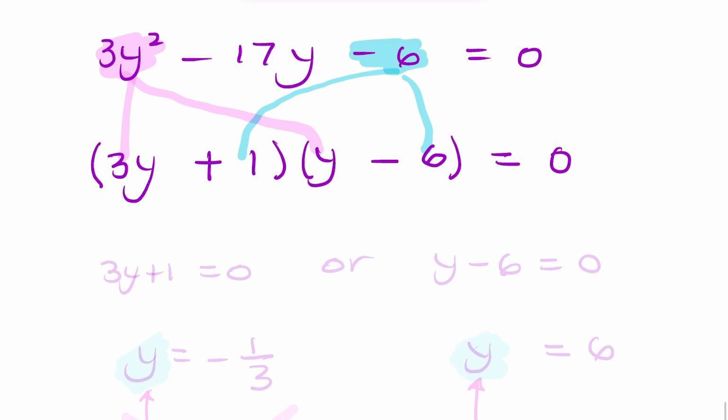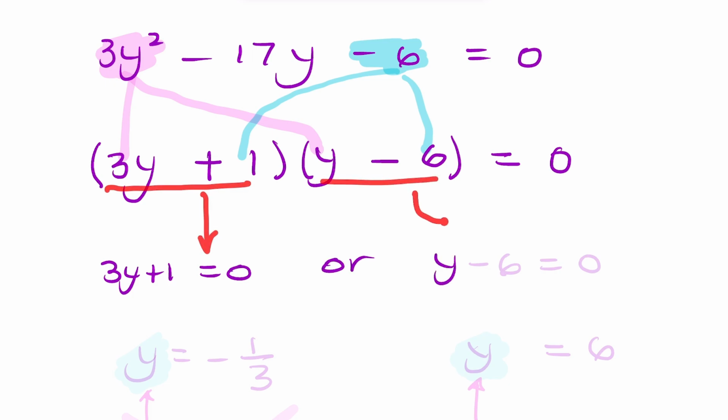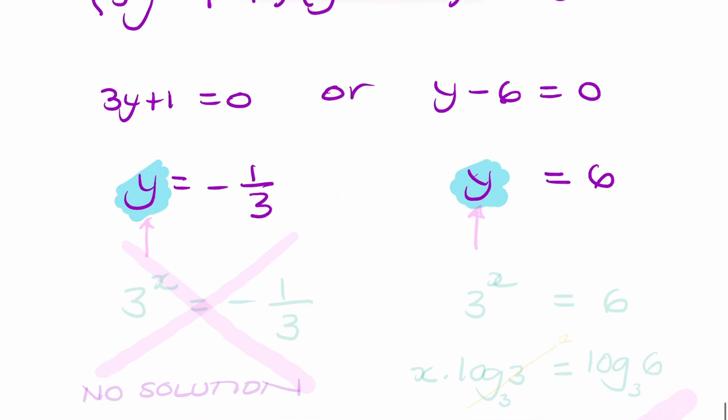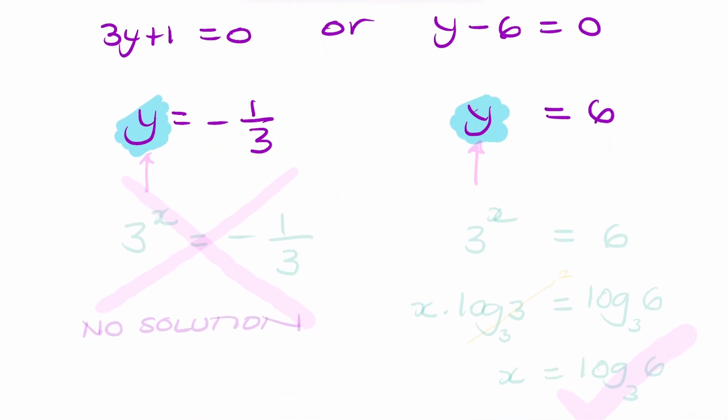So I can then say 3y plus 1 equals 0, or y minus 6 equals 0. So y equals negative 1 over 3, or y equals 6. But of course, the question wasn't about y, it was about x. So we now replace y with 3 to the power x.